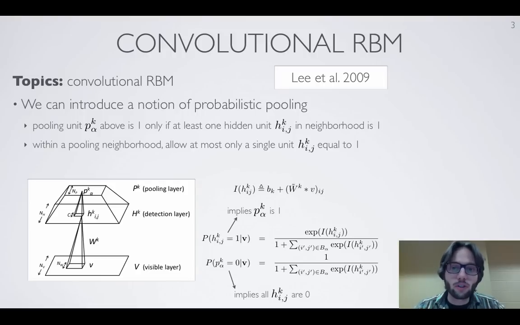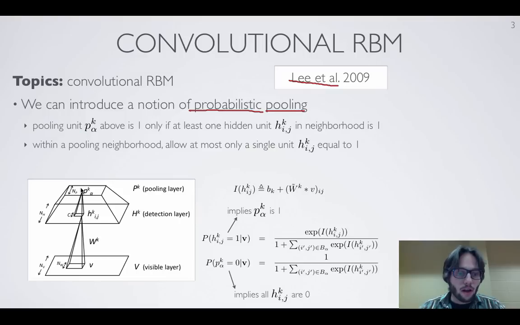So that takes care of introducing this idea of local connectivity and parameter sharing across hidden units, and segmenting the hidden units into feature maps. Now, what about pooling? How do we introduce this idea into the RBM? Lee et al. introduced the notion of a probabilistic pooling type of unit, and the idea is as follows.